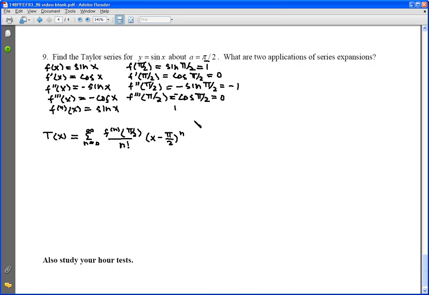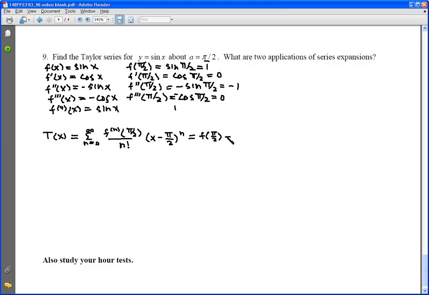So what we're seeing here is that every other term is going to drop out. So let's start writing out the terms and see if we can find a pattern. When n equals 0, the 0 derivative, that's the original term. So f upper 0 is just f at pi over 2, and then divide by 0 factorial, which is 1, and then (x minus pi over 2) to the 0, so there's no power of x there.